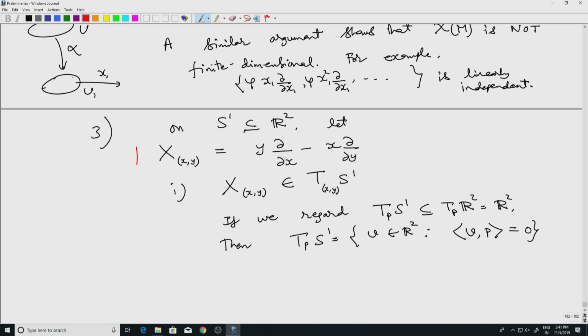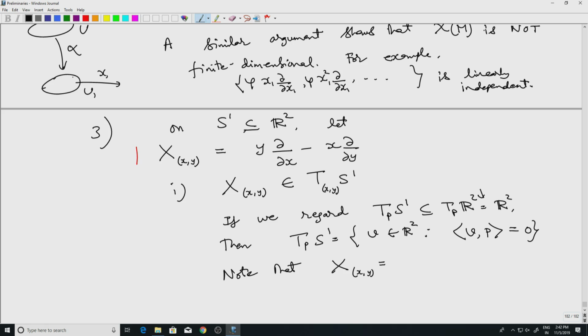But if I think of it as an element of R², note that X at the point (x, y) would just correspond to, after all, this identification, this equality here just involves whenever we have a derivation at p, it can be written in terms of the partial derivative operators with some coefficients, and this equality just amounts to putting the coefficients together as a coordinate vector.